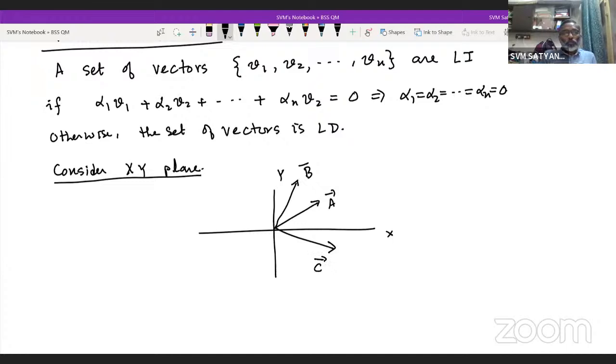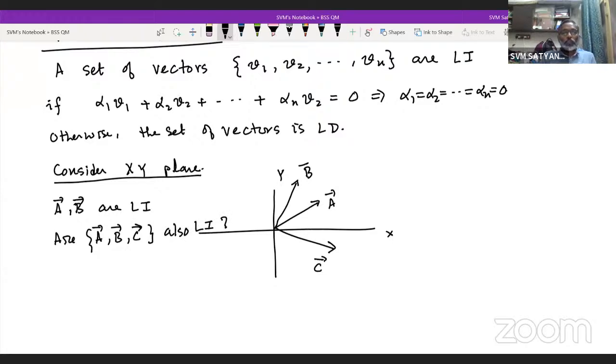So we know that A comma B are linearly independent. Now the question that I am asking is, are these three vectors A comma B comma C also linearly independent? That is the question that I am asking.